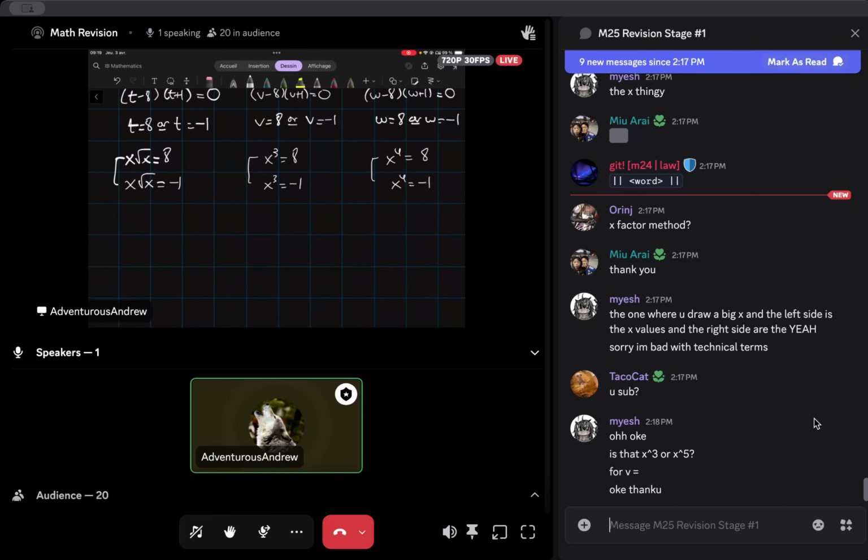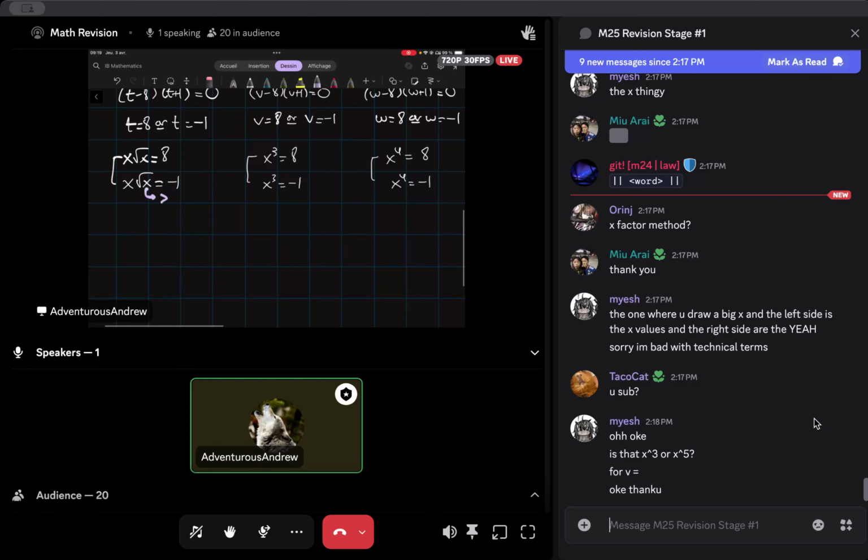And this is where I would like to bring your attention. x root x cannot be negative. Why? This guy has to be positive, right? Because it's under the square root. That means that x root x has to be positive because x is positive and root x is positive. So this is not an option.